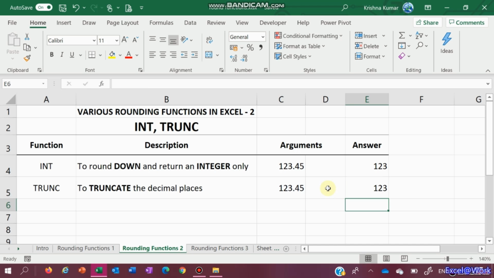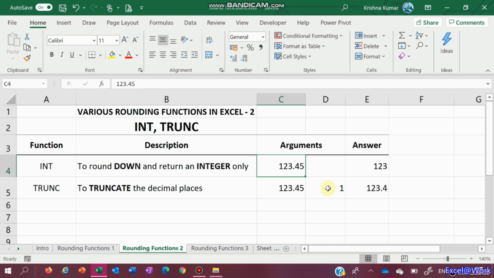This is 1, 2, 3. If I give here an argument of, let's say, 1 decimal place, this gives 123.4. You see, this doesn't round it off to 123.5. It just chops off the second decimal place onwards.